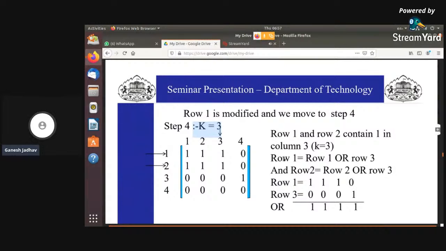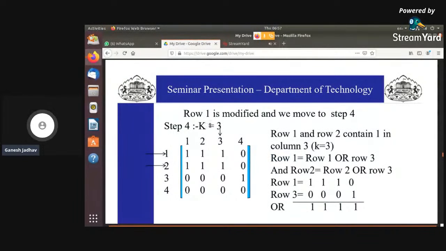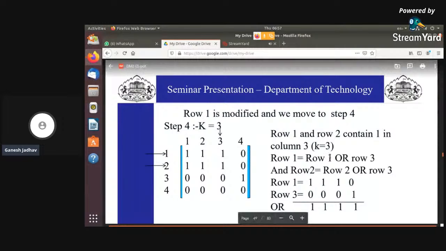What is the modification in row 1? Row 1 or row 3. Why is it row 3? Because k is equal to 3. And row 2 is equal to row 2 or row 3, because k is equal to 3.